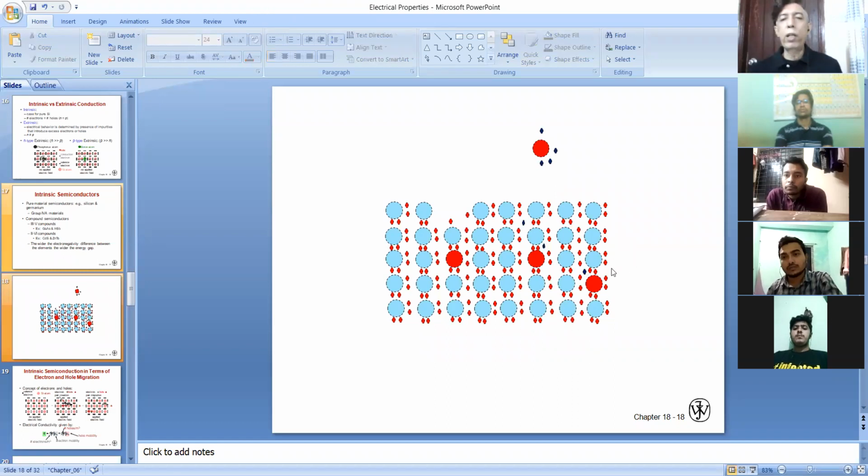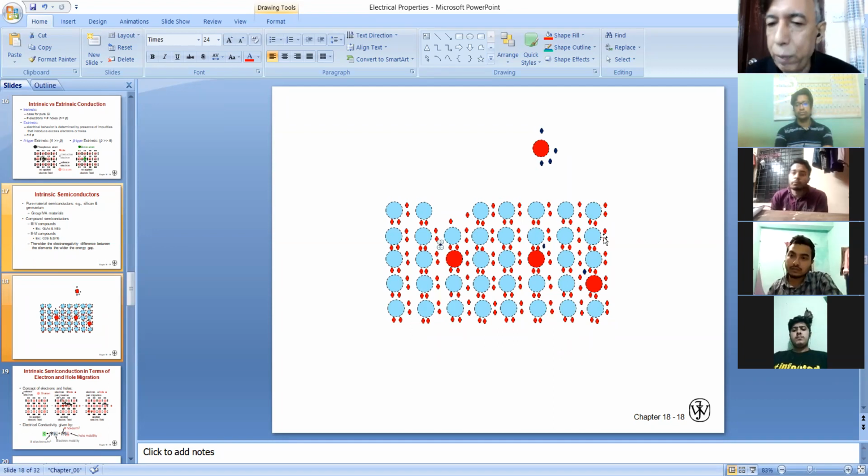So you will find 3 electrons, this one, and this one. Those are free. They can conduct electricity easily. Why? Because they are free. They can go to their conduction band from the valence band.